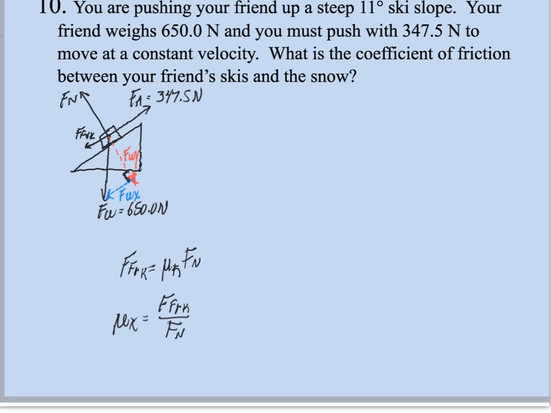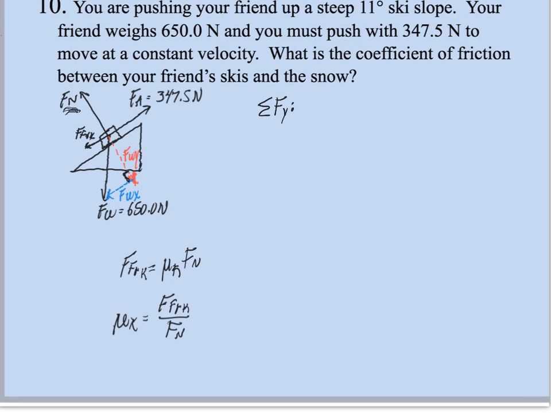Of course, we know that we're going to have to sum forces as well. So let's go ahead and sum the forces along the y-axis first. What forces do I have along the y? Looks like I have two of them. Remember, these will be the ones that are perpendicular to the incline.